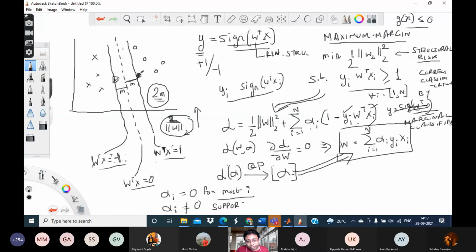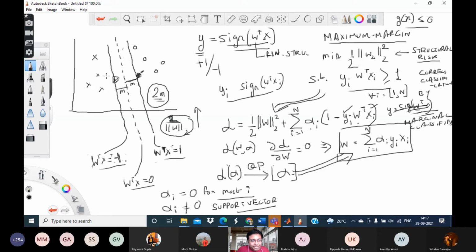Why are they called support vectors? Because of course these are feature vectors, points in the vector space, and they are called support vectors because basically they are supporting this line. This one is supporting the marginal classifier, and this one is supporting this marginal classifier.